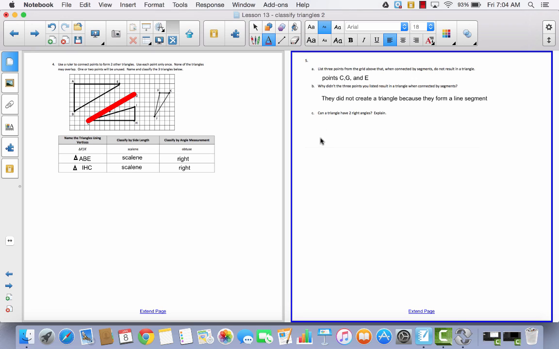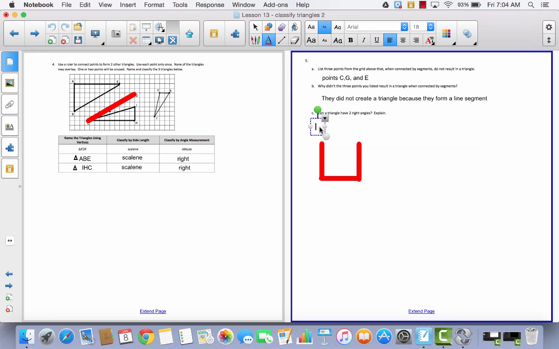Can a triangle have 2 right angles? Let's think about that for a minute. So this is a right angle, and this is a right angle. So if I try to make another right angle, could I make a triangle? I cannot, right?